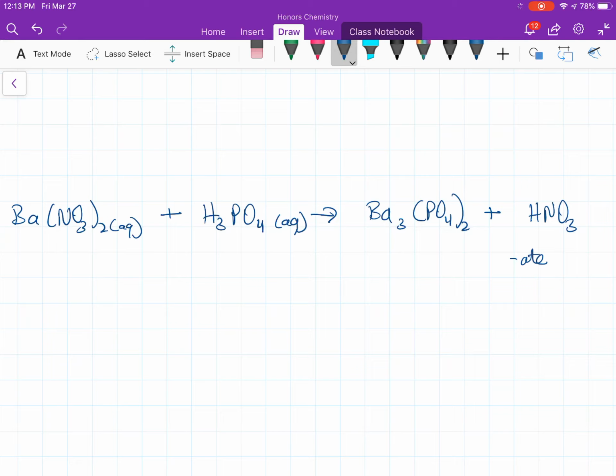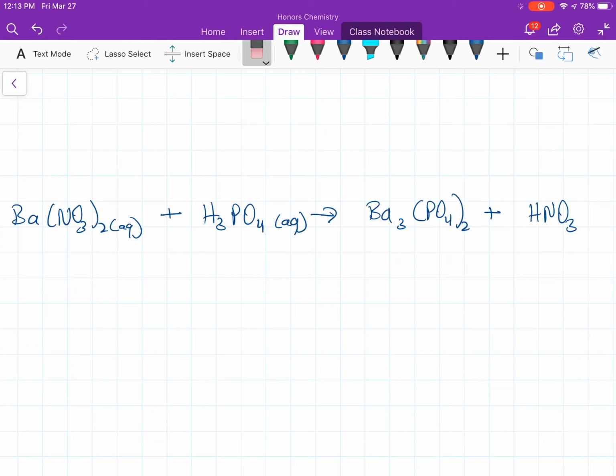She ate it and got bronchitis. So nitrate, oh, this is nitric acid. Huh, I knew that. You did too. It's in your brain, I promise you. Okay, so that's nitric acid.